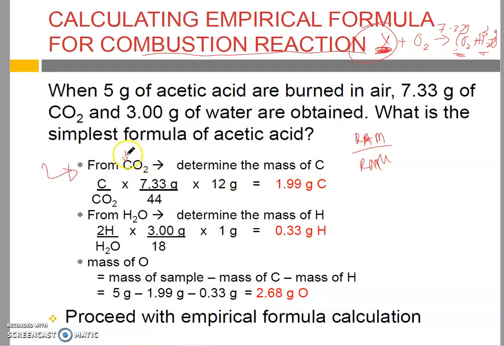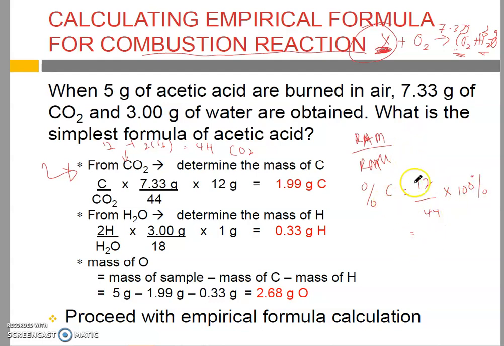Okay, CO2 keseluruhan dia 12 tambah 2 darab 16. Okay, dapat 44. Lebih kurang lah. So, ini RMM untuk CO2. Okay, so persen carbon, kalau ikut logik kita belajar sebelum ni, persen carbon is 12 per 44 darab dengan 100% kan?